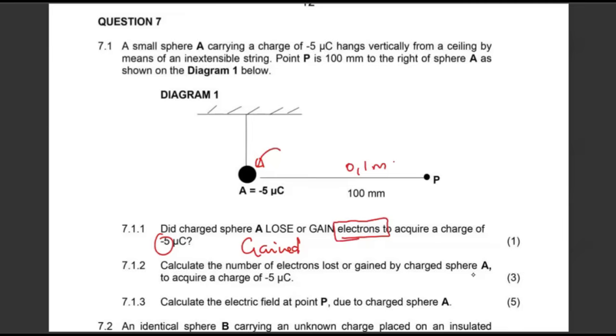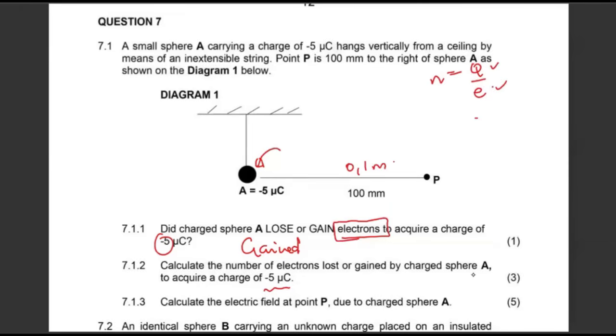And then 7.1.2, calculate the number of electrons lost or gained by charged sphere A to acquire this. So we use the formula N is equal to Q over E, whereby Q is the charge and E is the electron charge.